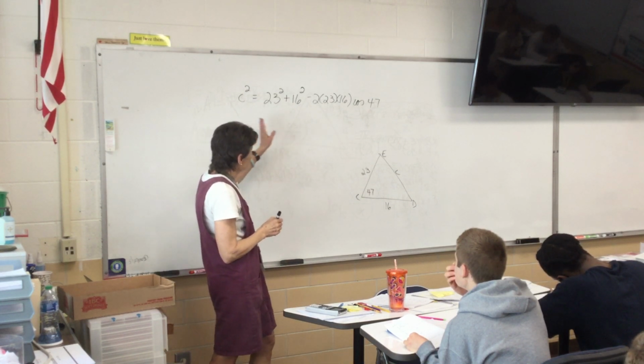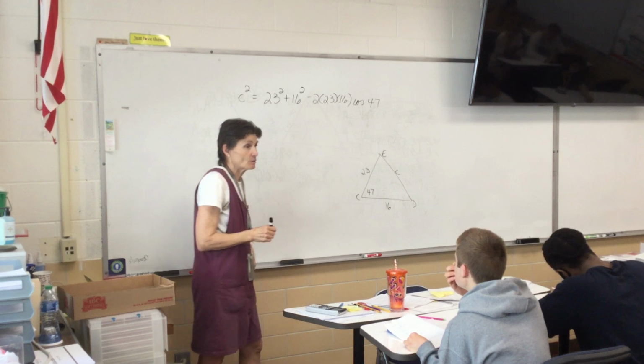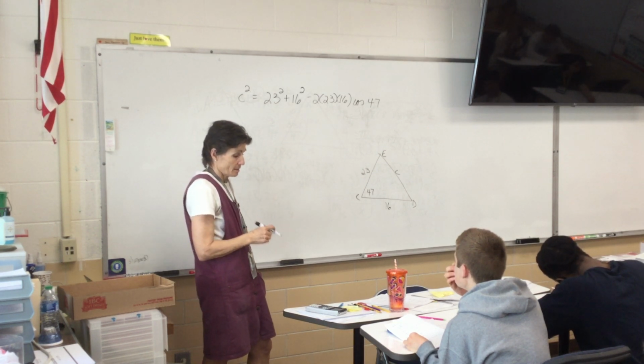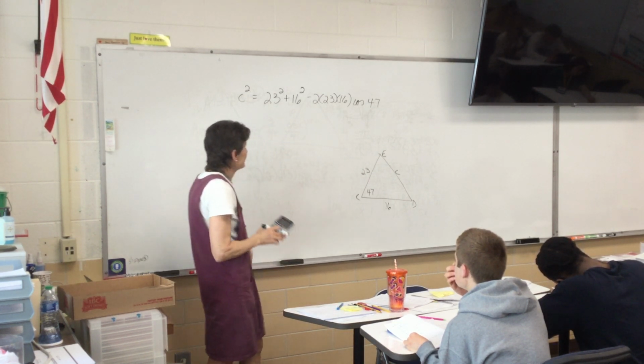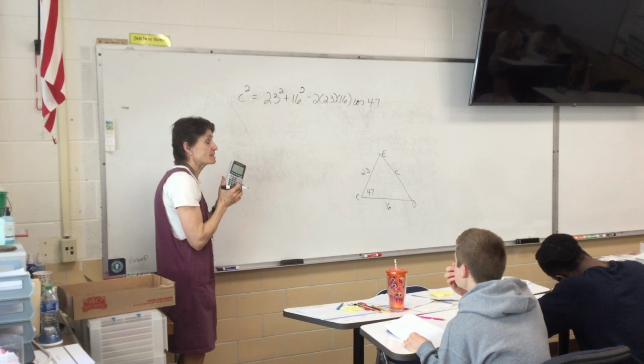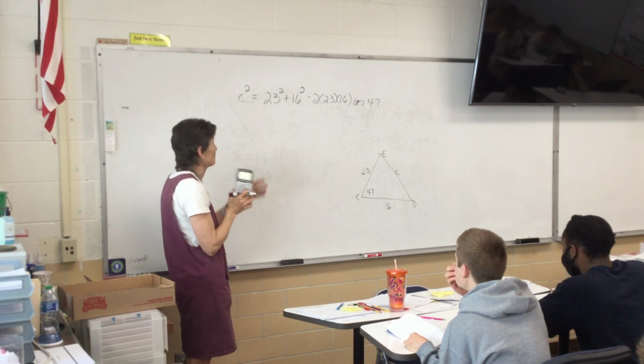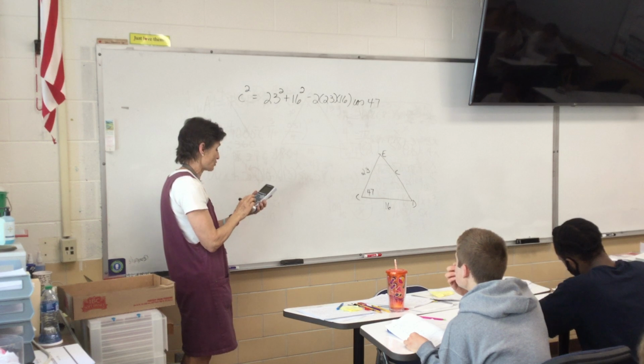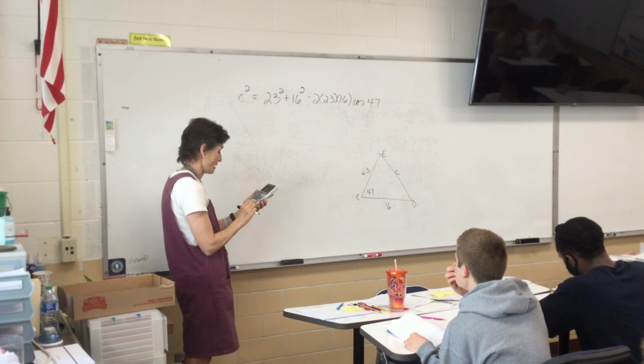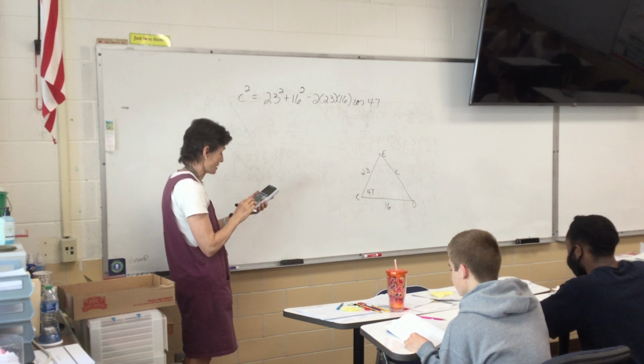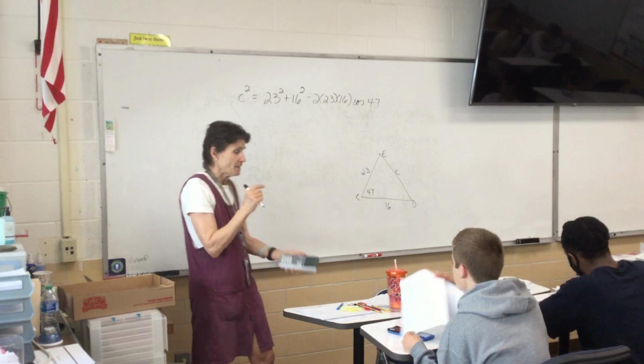That's the pattern of the law of cosines. These get a little bit tricky sometimes when you type it in, but not this one. This one we can just straight type in 23 squared plus 16 squared minus 2 times 23 times 16 times cosine 47 equals.